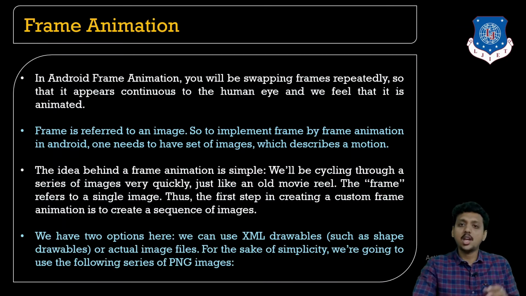So let's begin to understand what we mean by frame animation. Students, do you remember that in the previous days the Mickey Mouse or Donald Duck cartoons were literally drawn on paper?